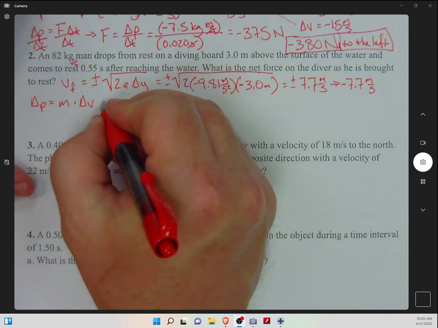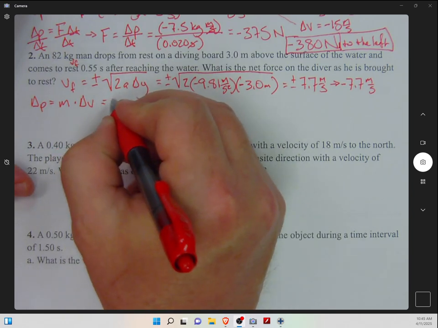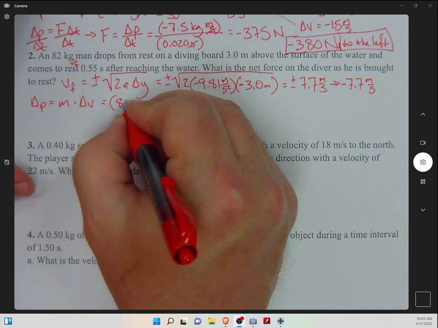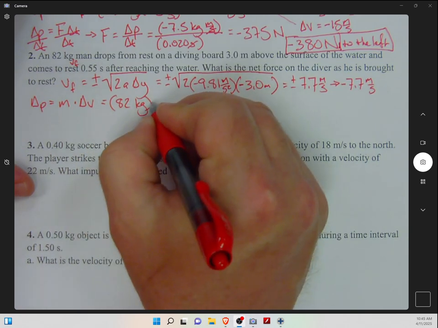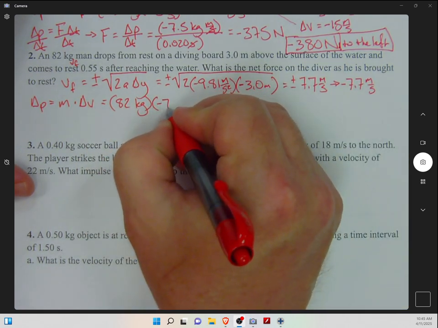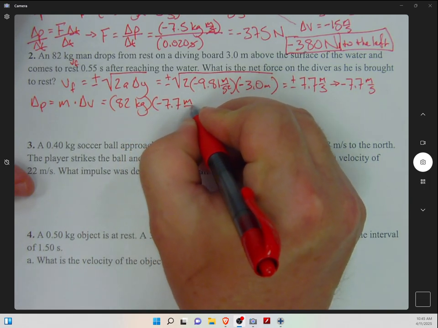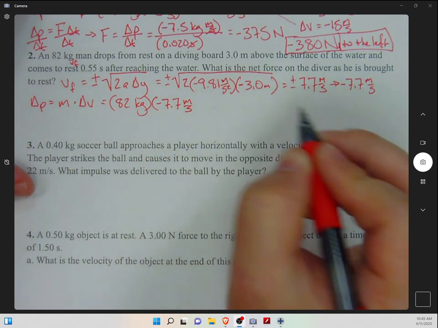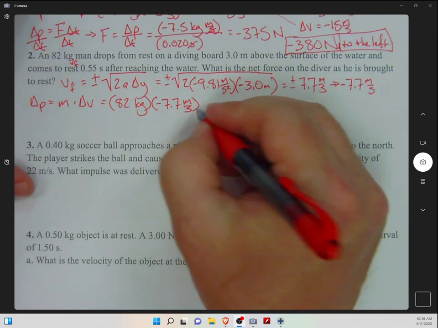Again, similar to number 1. What I have, 82 kilograms multiplied by negative 7.7 meters per second. Remember, that's my change in velocity.